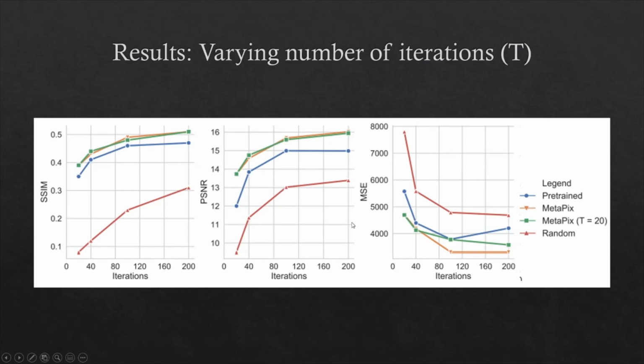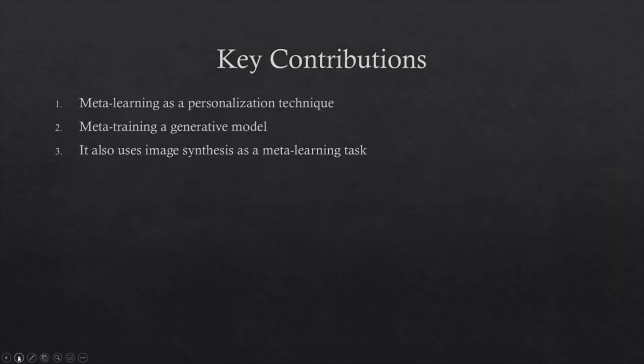So from this, we can conclude that limiting the number of iterations and the number of images when using MetaPix performs just as well, or a little bit less than MetaPix with high values of iterations and images.